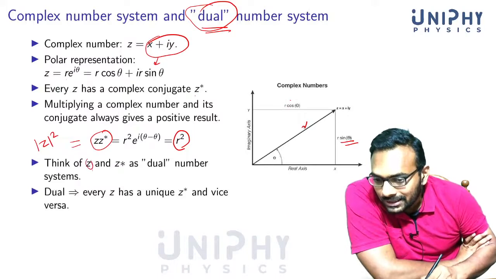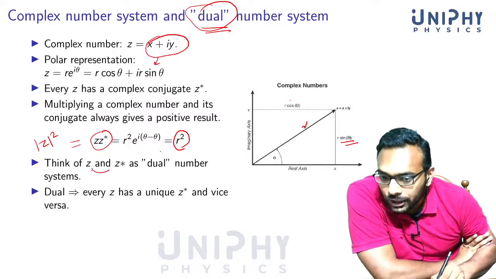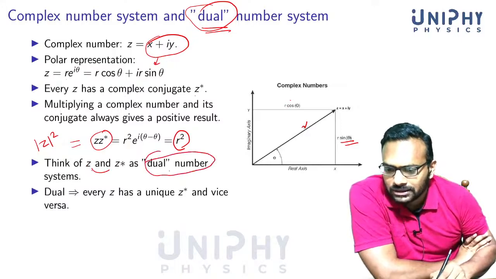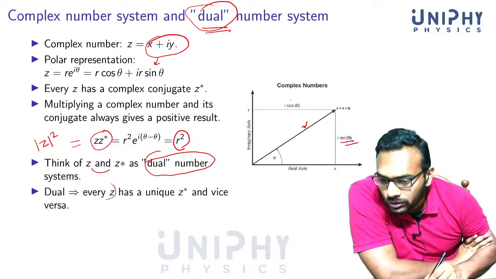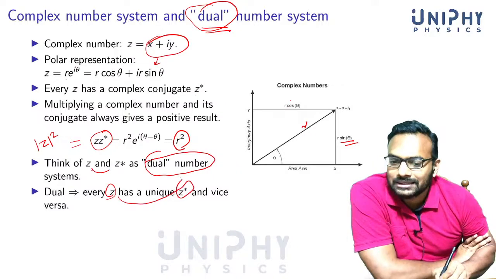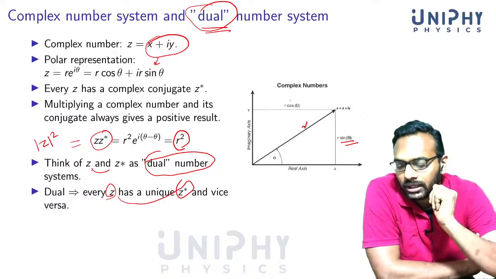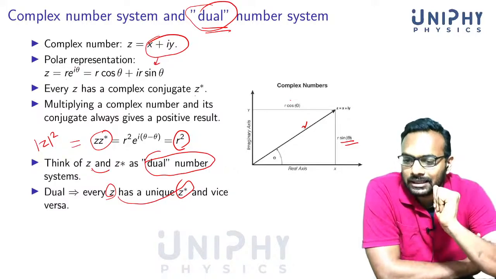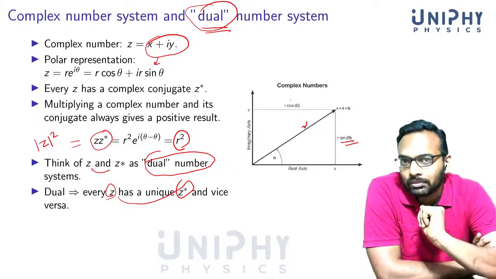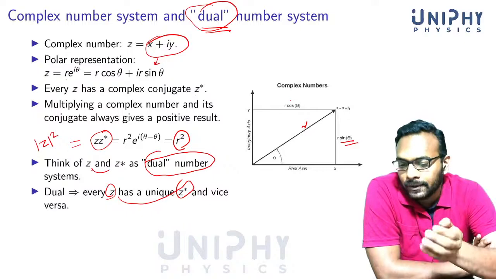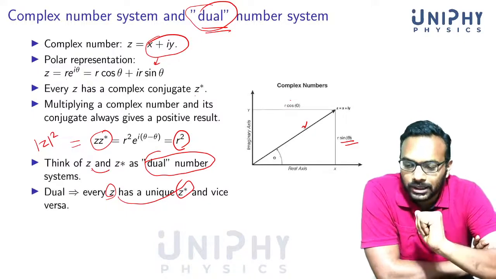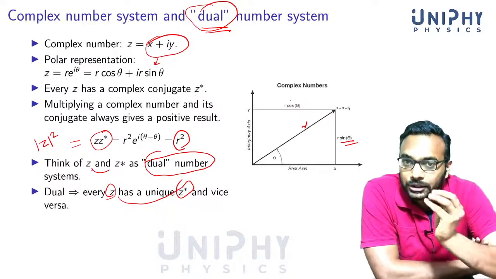It's convenient to call z and z star dual number systems. By dual we just mean that corresponding to every z there is a unique z star. You can call this a dual number system, or say that z star is the dual of z.